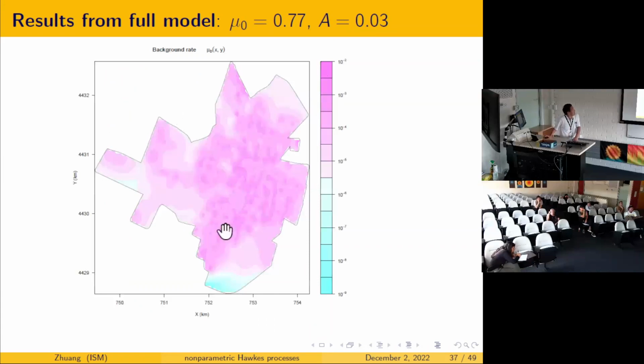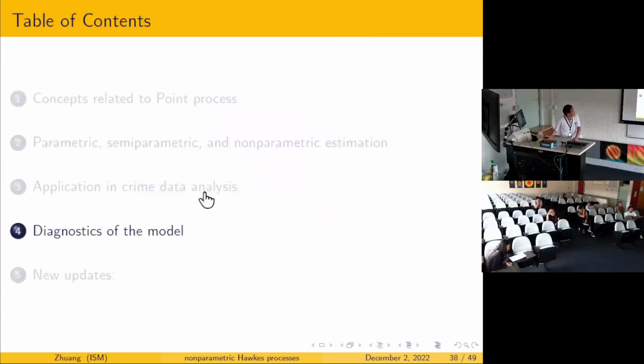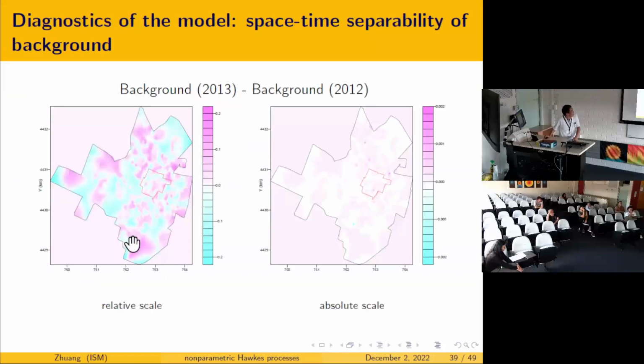This is the spatial distribution map for the crime, the background rate. How can we make some diagnostics of the model? Because the nonparametric estimates come automatically, we have tools to check whether the model is correct or not.